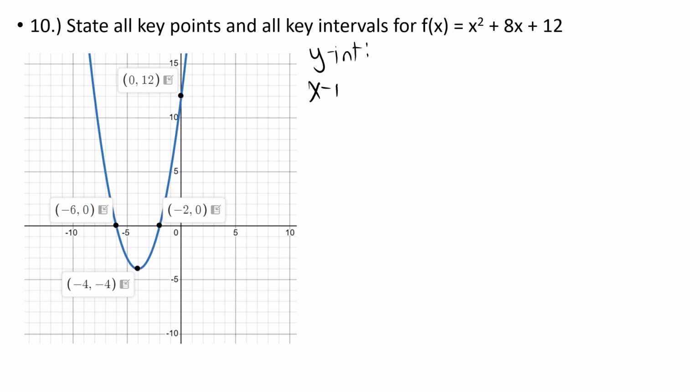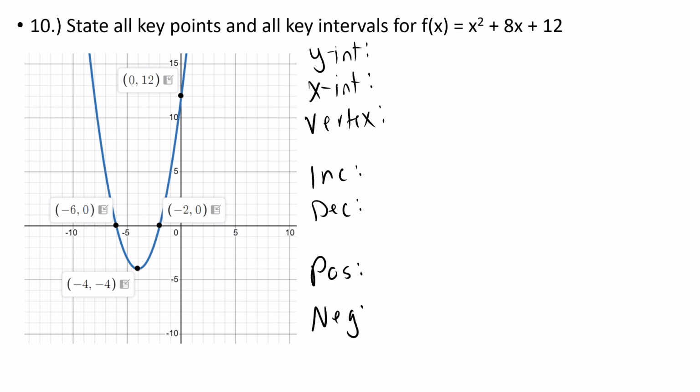We're going to be stating the x-intercepts, the vertex, where it is increasing, where it is decreasing, where it is positive, and where it is negative. The only thing that's not being asked in this is domain and range, and I felt like this was already going to be like a 40-minute lesson and a 20-minute homework set, or practice set, without tackling domain and range in there. So, just kind of smaller chunks.